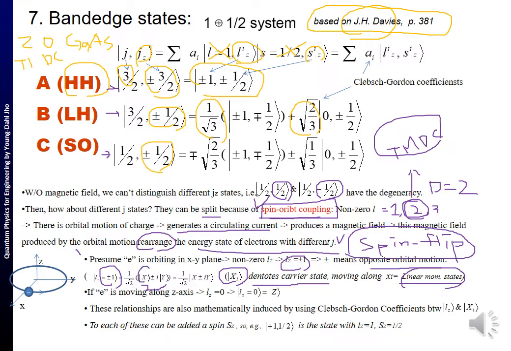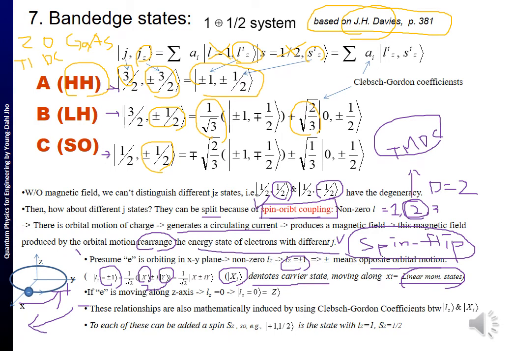When it is moving along the x-axis, it is X. Moving along the y-axis, it's Y. When it is rotating like this, it is plus. When it's rotating the other way, it has the negative sign. That's the representation in terms of linear momentum. It is a well-known representation. You will see this sometimes, and this is actually the same as the LZ equal to plus minus 1 case.